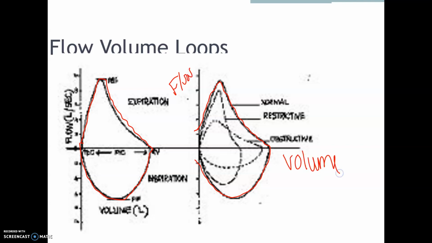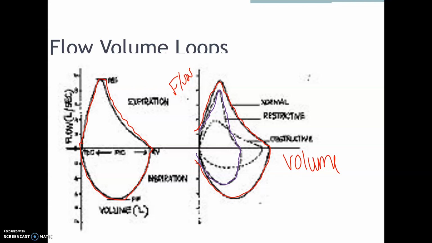That'll be important. So if we look at restrictive components, this middle one that I'm drawing in purple is a restrictive component. Take a deep breath in, blow all your air out, and then inhale.